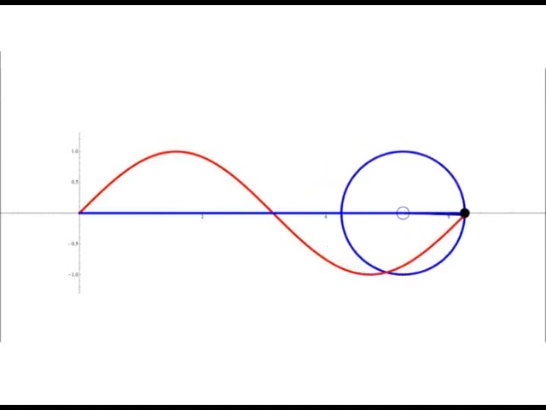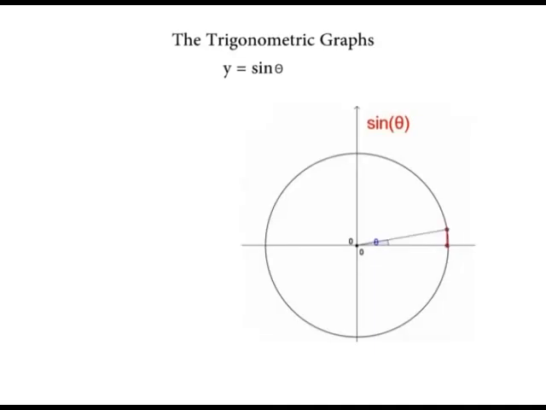Let's start with y is equal to sine theta. First, we need to remember that sine has all to do with the y coordinate of the point on the unit circle. And so we can see how sine changes as theta changes. Using this, we can create the sine curve.